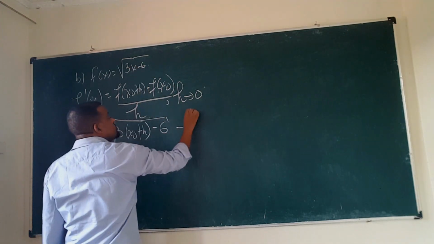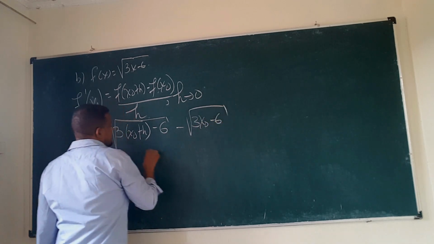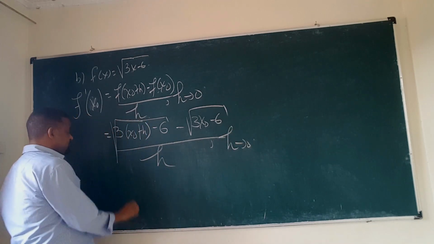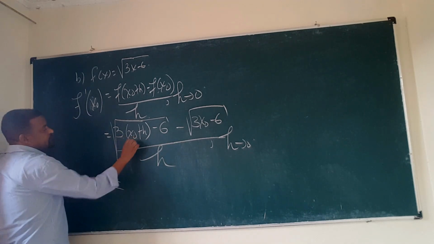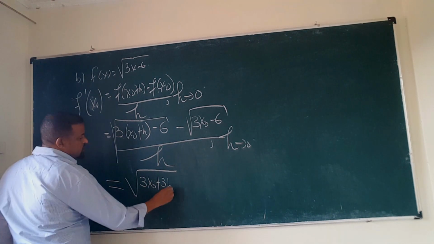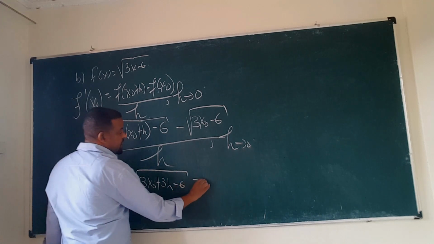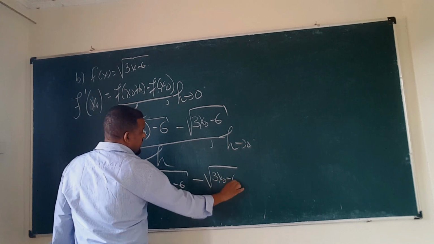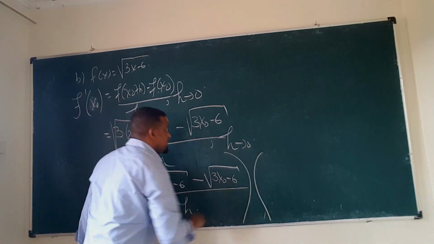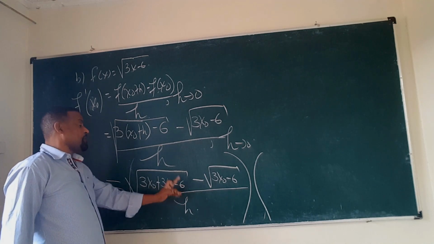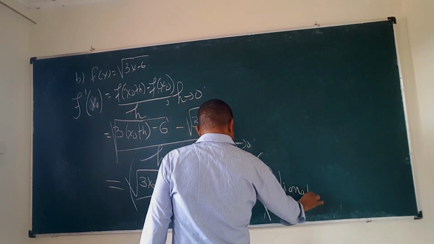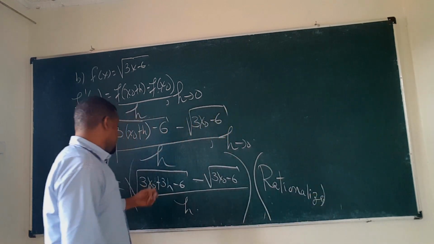For f of x naught, you put radical of 3x naught minus 6, of course over h, where h approaches 0. Now when this is simplified, it becomes radical of 3x naught plus 3h minus 6, minus radical of 3x naught minus 6, over h. Now you rationalize it.